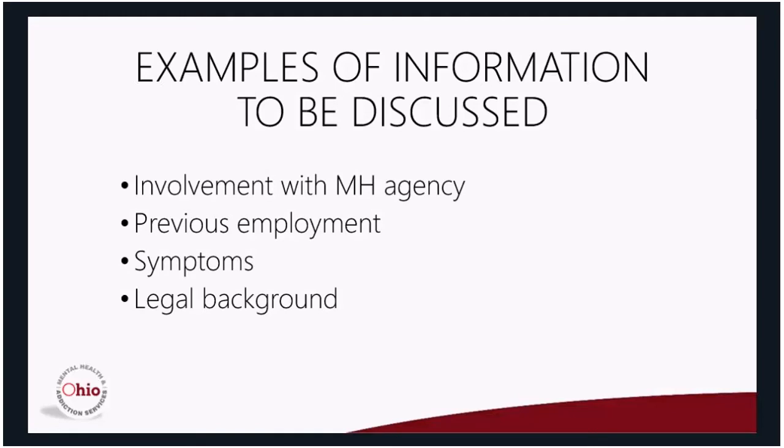If a person needs an accommodation for a job, they should only share the minimum information for the purposes, again, of getting an accommodation for the job. So, for example, a person may need to have extra breaks while working. That person does not need to say what their diagnosis is or what medications they are on. They could, however, say that they have some anxiety and that is why they may need an extra break here or there.